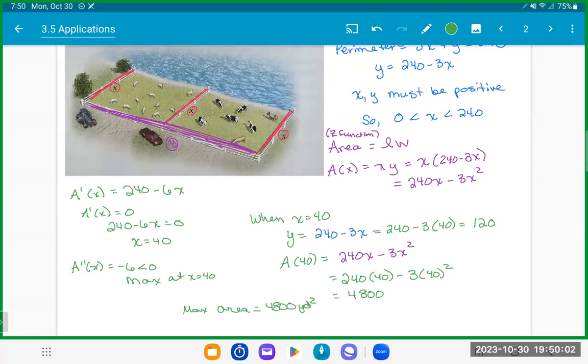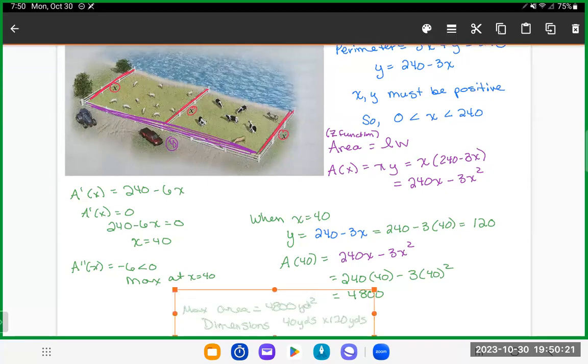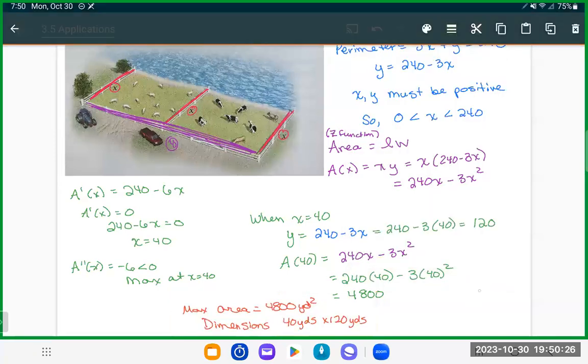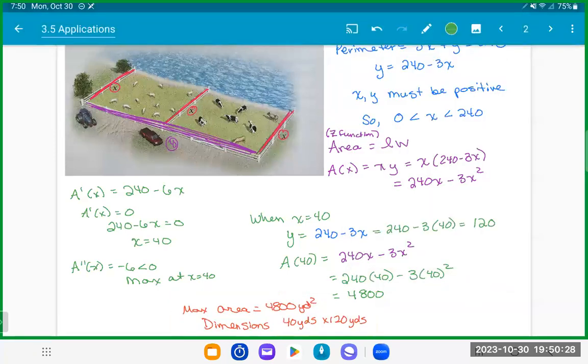When the overall dimensions are 40 yards by 120 yards. Okay. Questions?